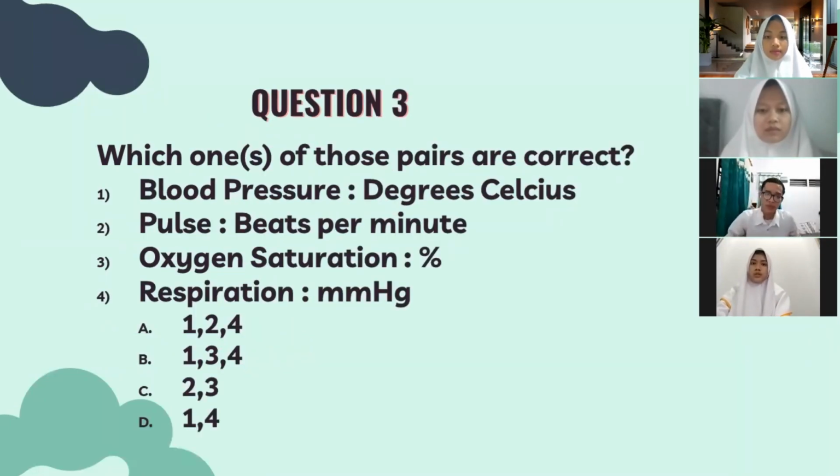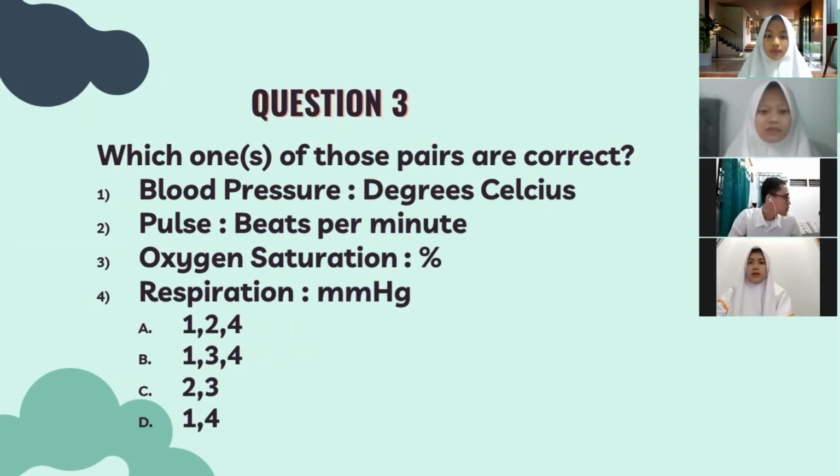Okay, the next question, number 3. Which one of the pairs are correct? 1. Blood pressure, degree Celsius. 2. Pulse, beats per minute. 3. Oxygen saturation, percent. 4. Respiration, mmHg.